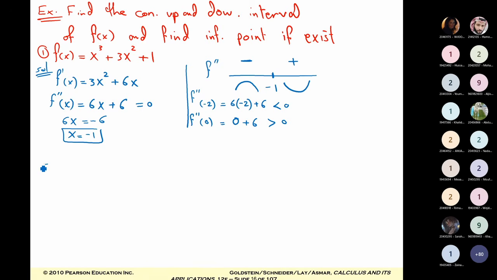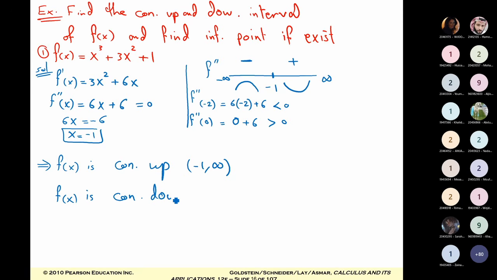So we can conclude f of x is concave up from negative 1 to infinity, and f of x is concave down from negative infinity to negative 1. And we have an inflection point.